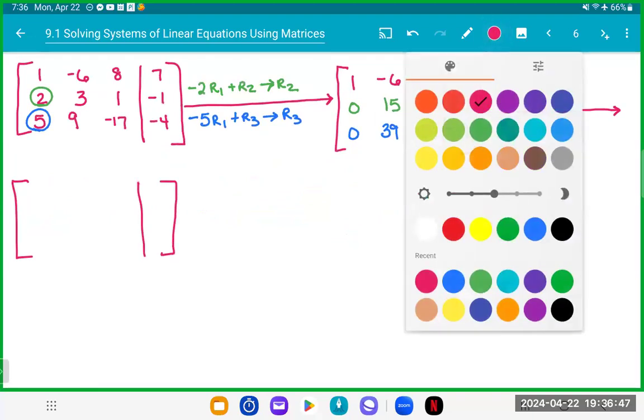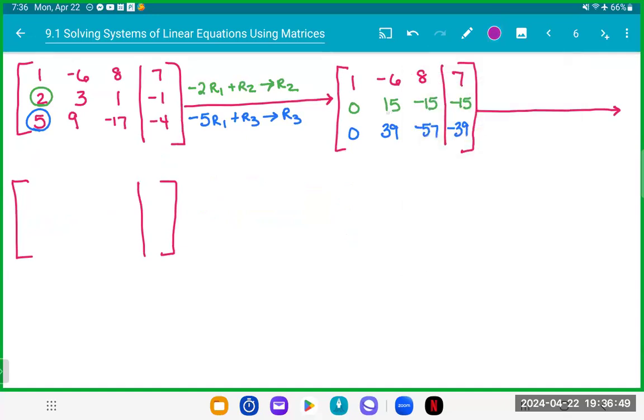Okay? So for this next one, we're just going to get this 15 here to be a 1. And in order to do that, it's just 1 over 15 times row 2, replace row 2. Okay? So we'll copy down row 1, which is 1, -6, 8, 7. And row 3, which is 0, 39, -57, -39.